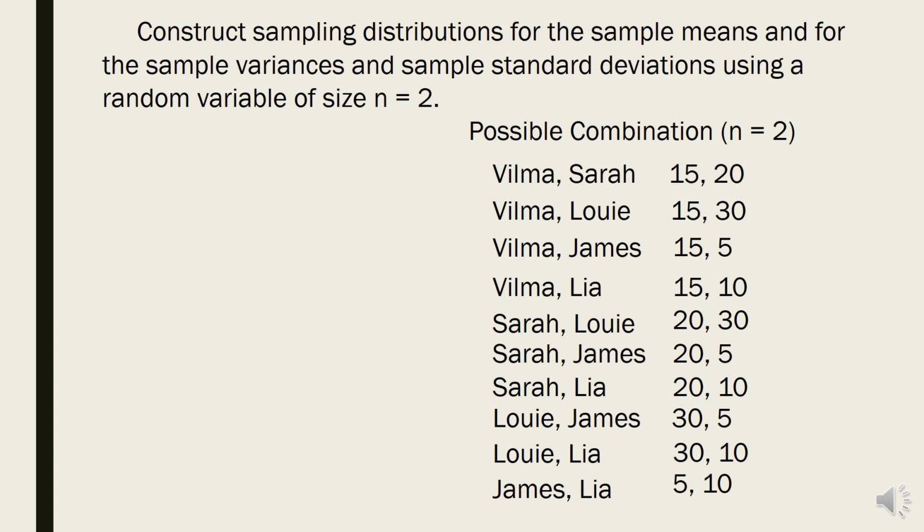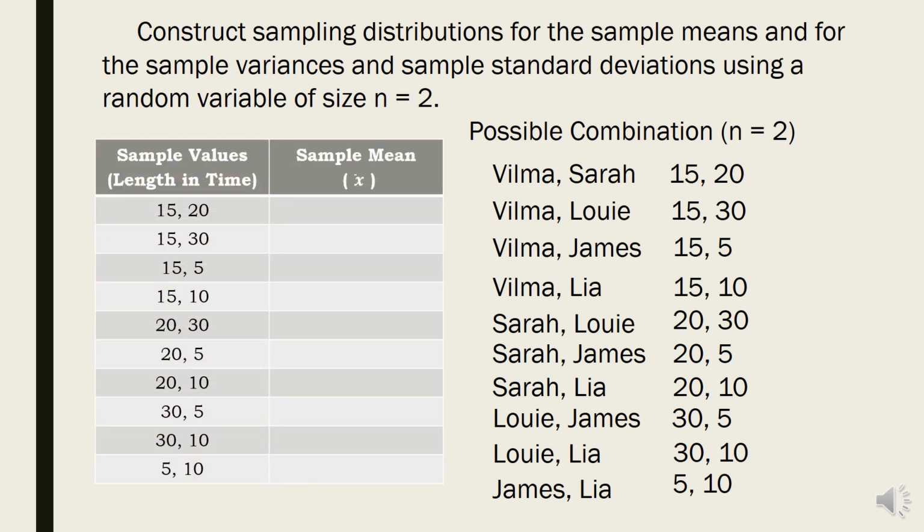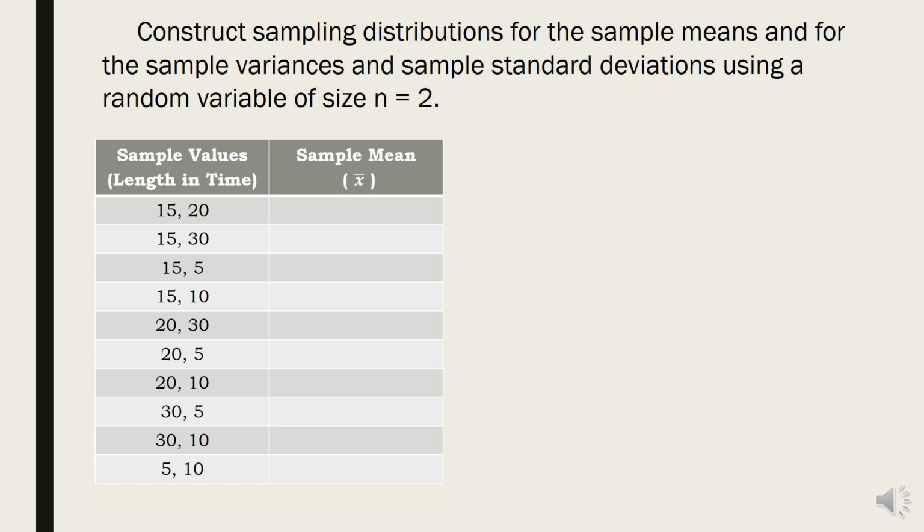So let us put it in a table. This is what we call the sample values. So we have now 10 sample values. Let's find the sample mean. Again, we will use the X bar, with this formula.